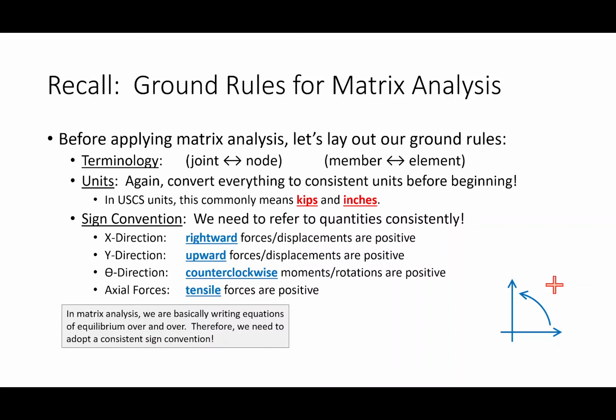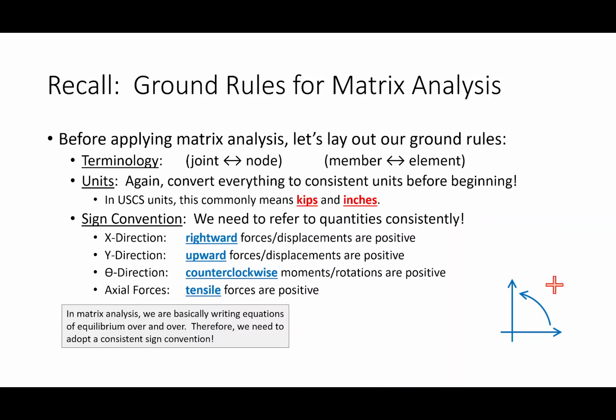Because what we're ultimately going to be doing whenever we write all these matrices is writing equations of equilibrium over and over again. It's like in statics, when we wrote the sum of forces in the x direction is 0. We said which direction is positive and then wrote everything accordingly.